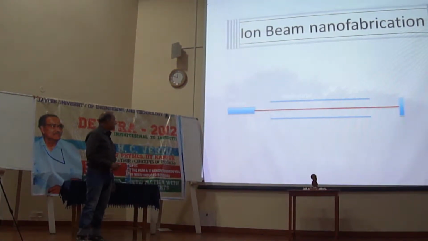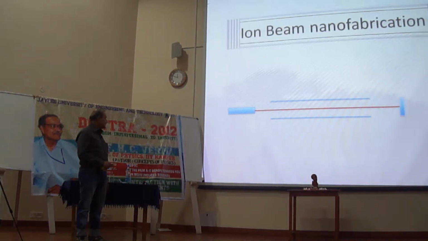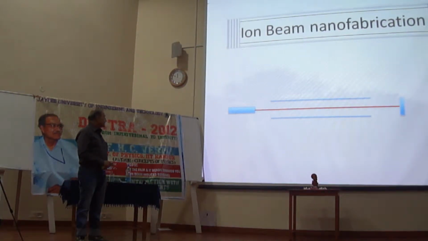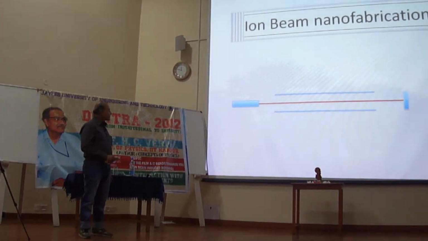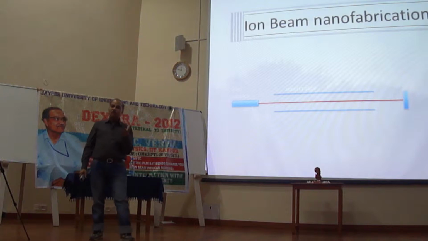So essentially you have an ion source where you create ions, positive ions, and then there is some accelerator mechanism in which you accelerate them, and after acceleration these energetic ions fall on the material, the basic building block. Right?